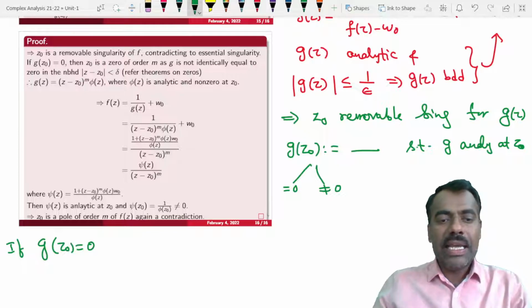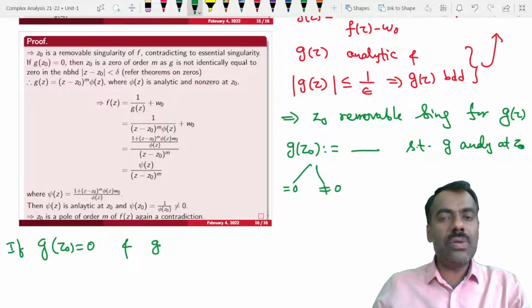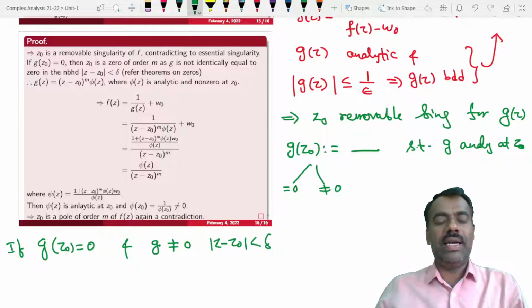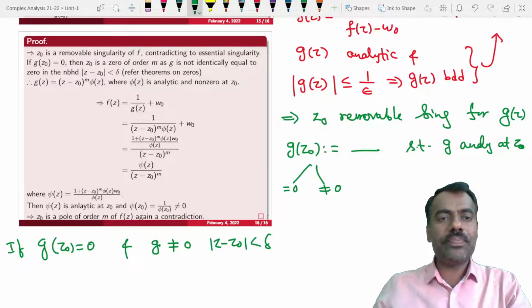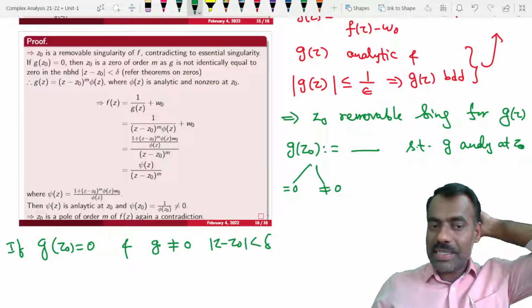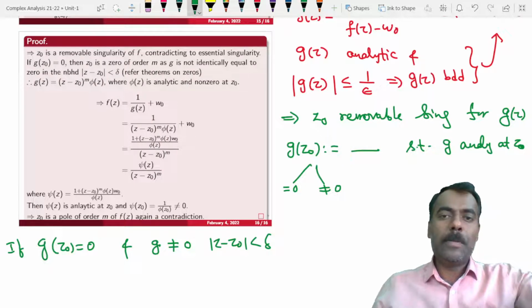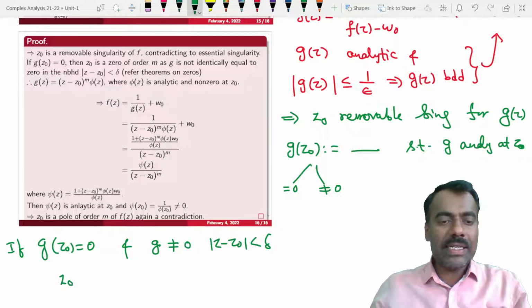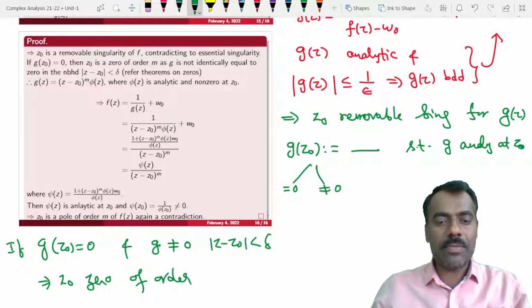That is because if you remember, our g is analytic at z naught, and g of z naught is equal to 0, and g is not identically equal to 0 in this neighborhood, mod z minus z naught less than delta. So the result we have proved shows that z naught is a zero of some order, say m.